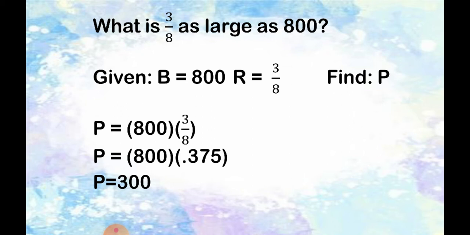Okay, again, find P. Okay, so the same process. P is equal to 800 times 3/8, or 800 times 0.375. So the result is 300. Therefore, what is 3/8 as large as 800?